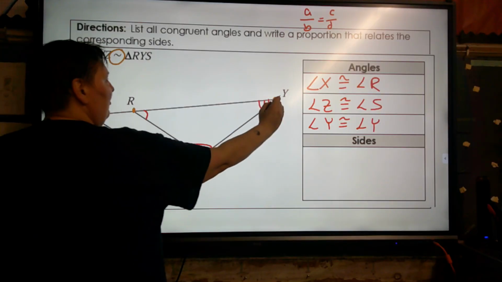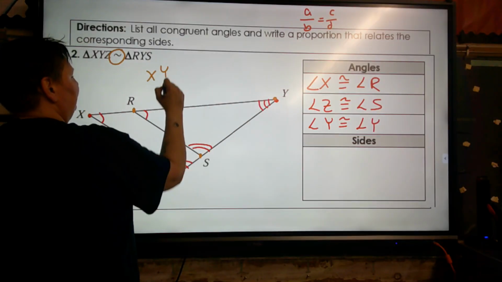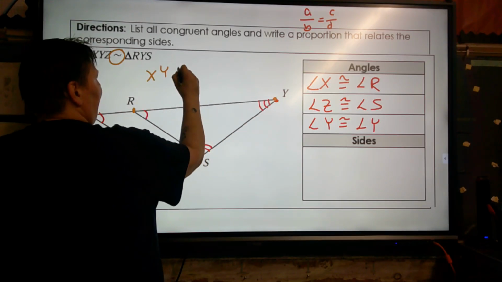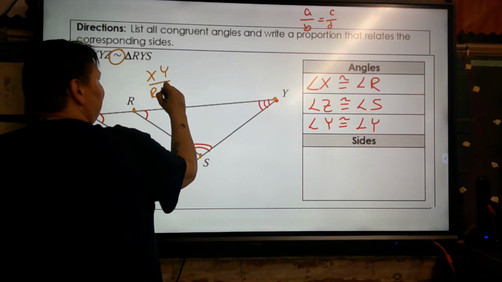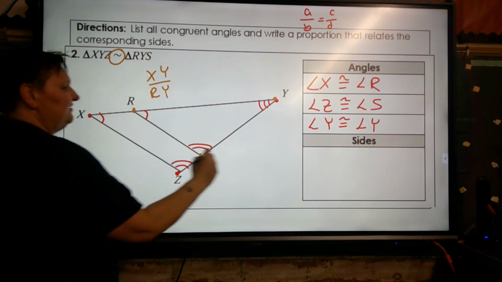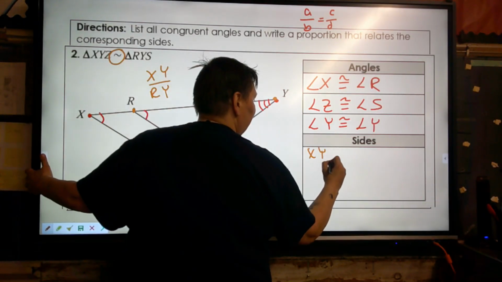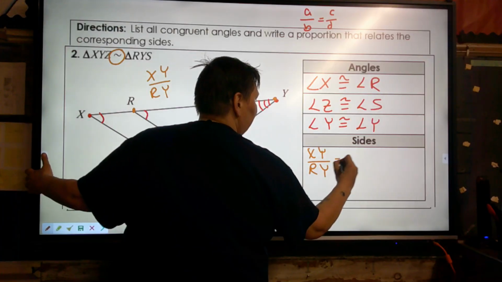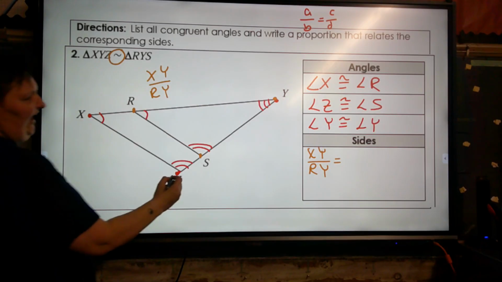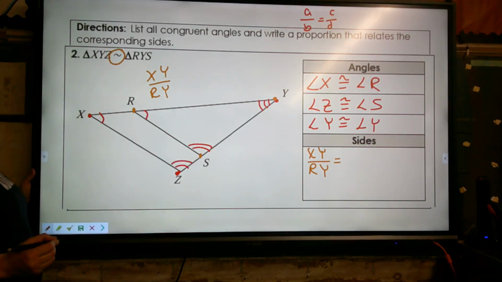So this long one here is XY, and this shorter one here is RY. Oh my goodness, that was hard. Okay, so XY, RY is our first ratio. And then we have, remember which one comes first.